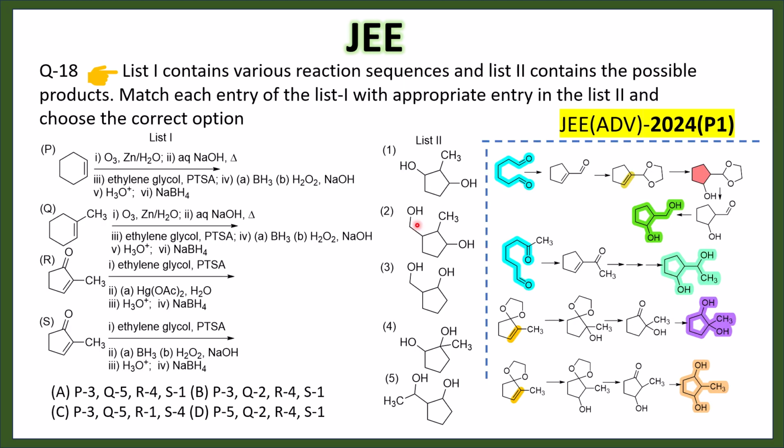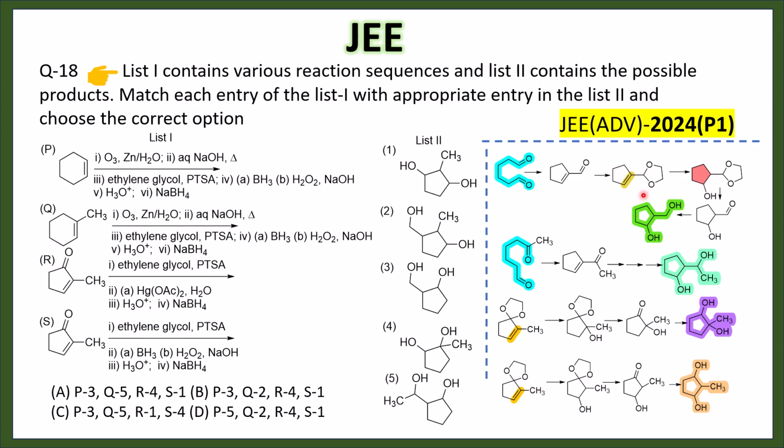Now question number 18, list 1 contains various reaction sequences, list 2 contains the possible products. So match list 1 with list 2. Here this first one, let's do that. This cyclohexene gives this dialdehyde. Further NaOH aqueous heat gives the aldol reaction product, as we have seen earlier, and then ethylene glycol PTSA gives protection of this aldehyde group, and further BH3 diborane gives addition on this double bond.